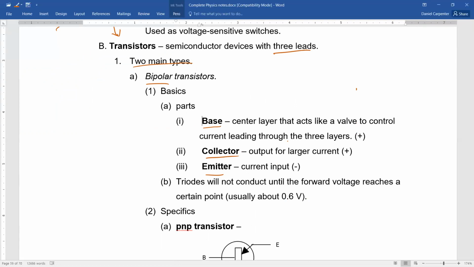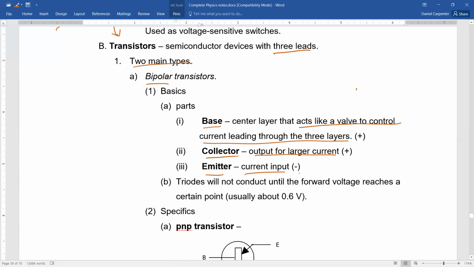Basically, the base is the center layer, and it acts like a valve to control current flowing through the whole thing. So the collector is output for a larger current, and the emitter is the current input.